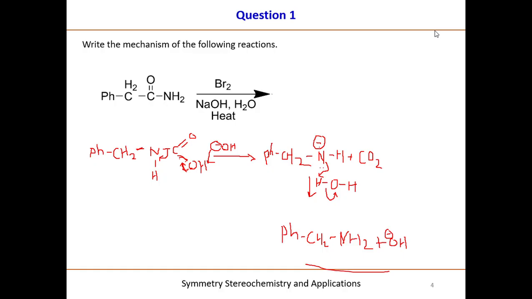The first step was deprotonation of amide. Here we have discussed earlier. Here it is not shown because I have erased it. So the first step was deprotonation of amide and nucleophilic attack on this nitrogen atom. Then in second step, the deprotonation was followed by migration of alkyl group.